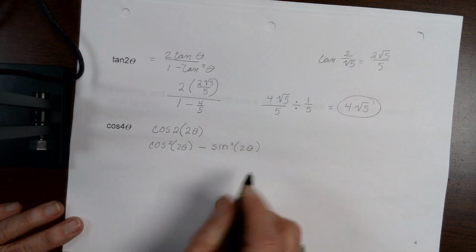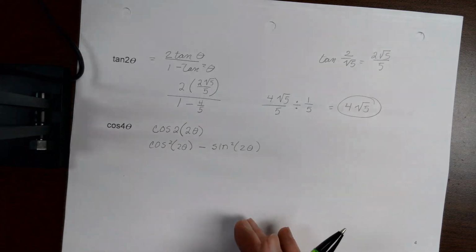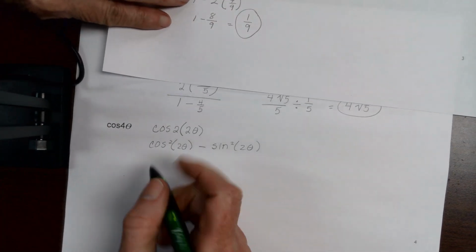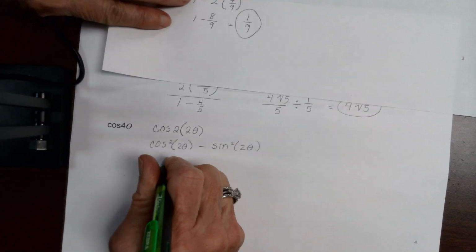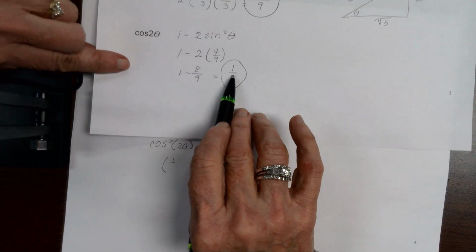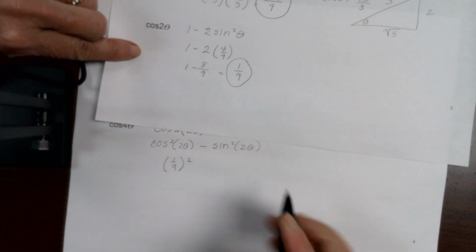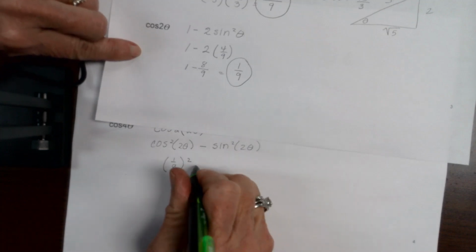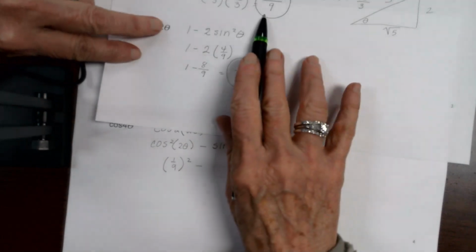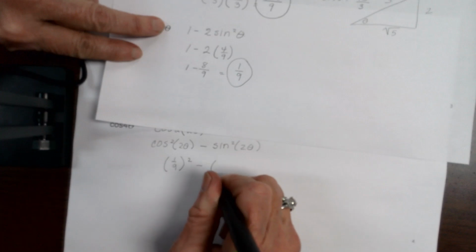Now, I already know what the cosine of 2 theta is and the sine of 2 theta based on what I've already done. So here, I know that the cosine of 2 theta is 1/9, coming from that spot right there. So 1 over 9, and I'm going to square it. And then I'm going to do the same thing. I find out where the sine is, if you will, 4.